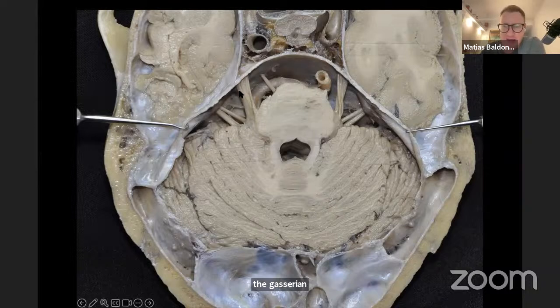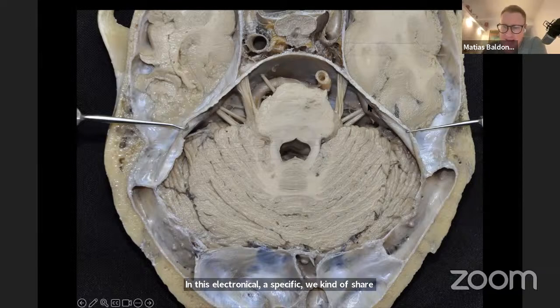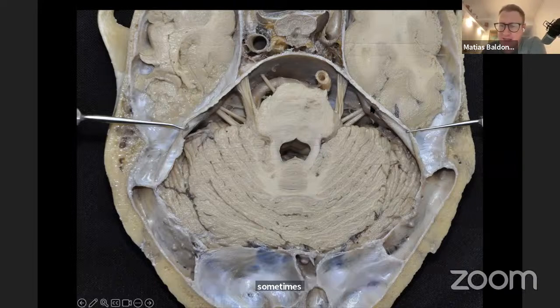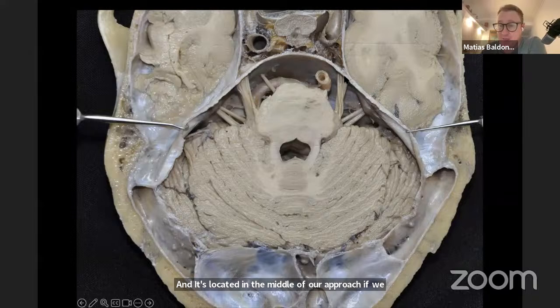In this anatomical specimen, we can observe another important anatomical landmark, that is the suprameatal tubercle. This anatomical structure sometimes is located in the middle of our approach if we select to operate this nerve using an endoscopic or microscopic approach.